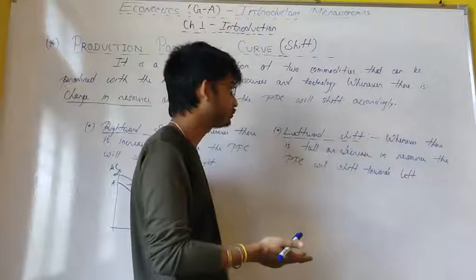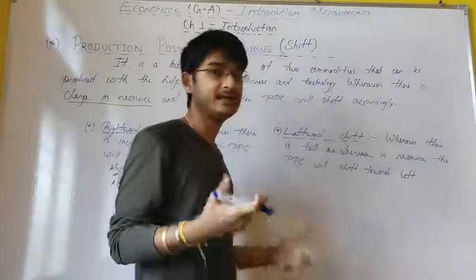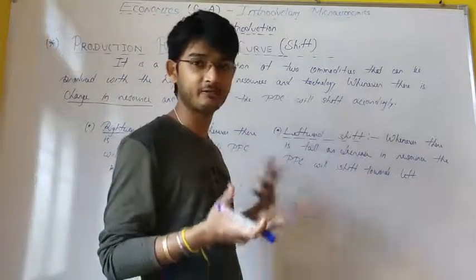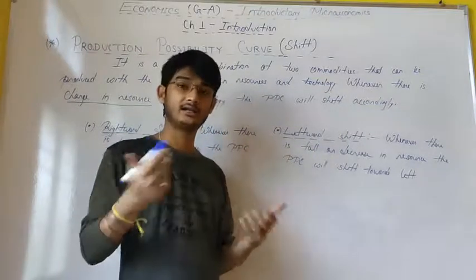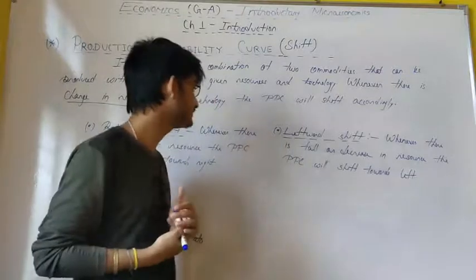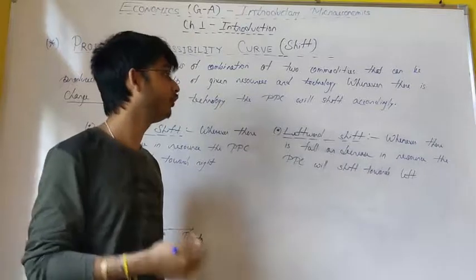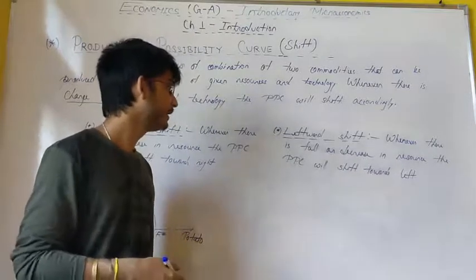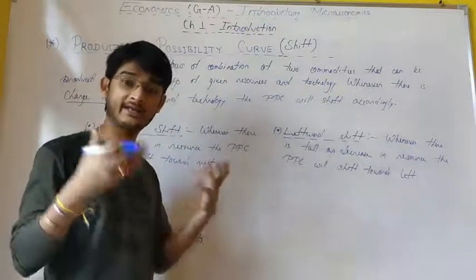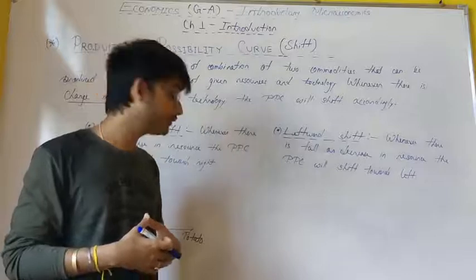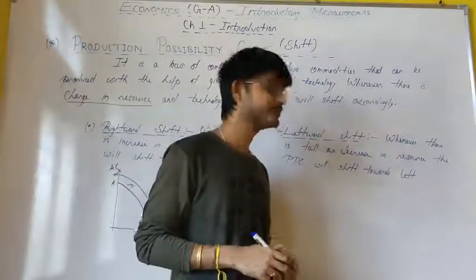So the leftward shift is when there is some fall or decrease in the resource from our given resource stock. The first assumption relates to some given stock of resource at our disposal, but here we are referring to some fall or decrease in resource from the initial point, the original stock of resource that we had in our hand, which resulted in the AF production possibility curve.